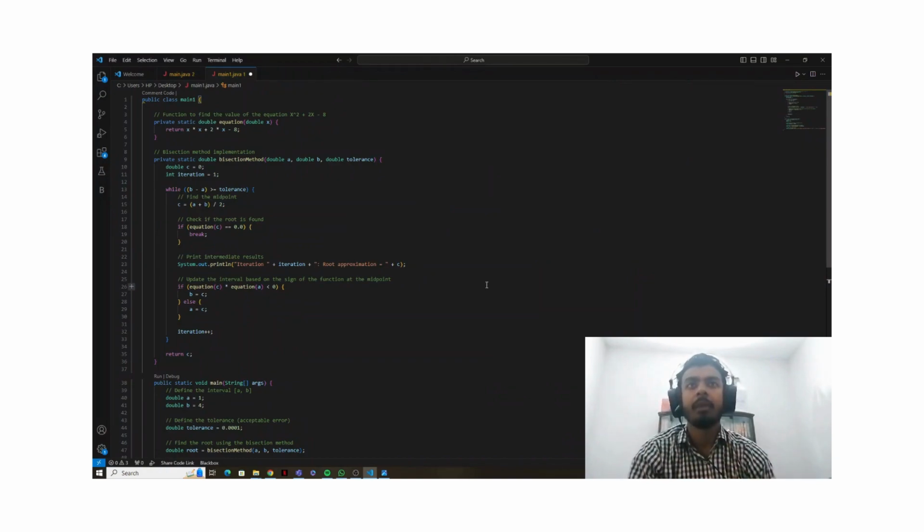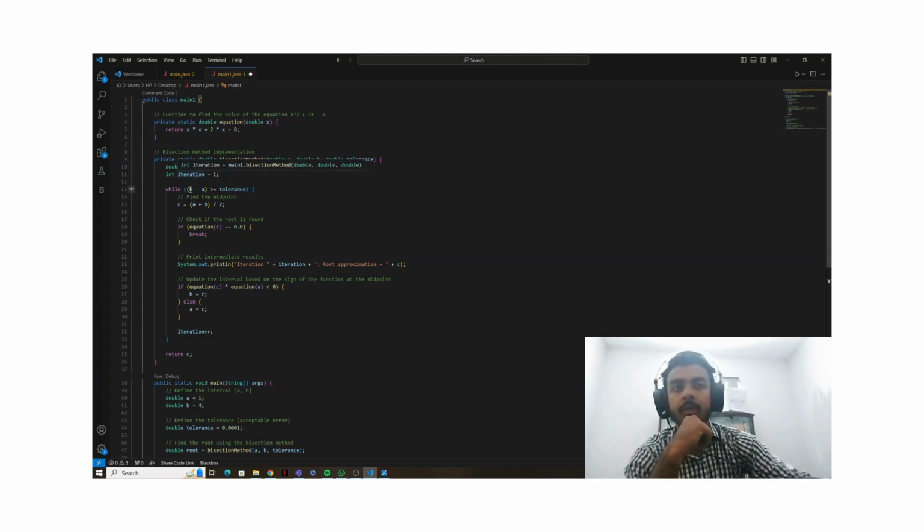Here we are. We have our code in the Java language for the bisection method. As you can see, we have our equation x square plus 2x minus 8. We have our bisection method implementation with double a, double b and double tolerance, three parameters in our method.